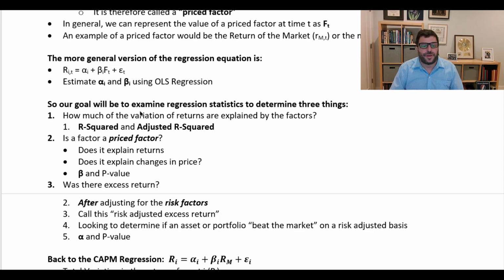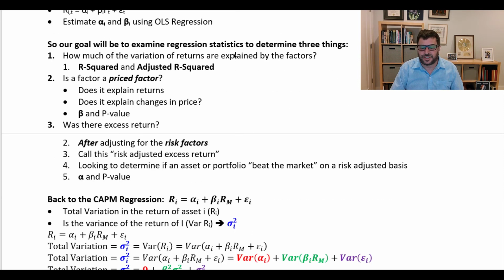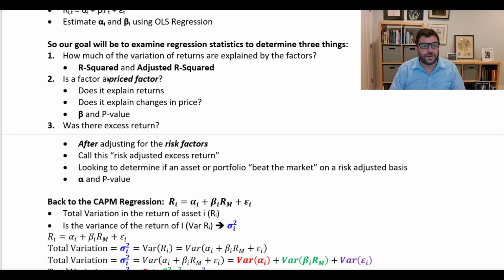So our goal will be to examine regression statistics to determine three things. First, how much of the variation of returns of the asset or the portfolio are explained by the factor or factors. To do that, we'll look at the R squared and the adjusted R squared. We also want to know, is this factor really telling us something? Is it a priced factor? Does it explain returns? Does it explain the change in price?